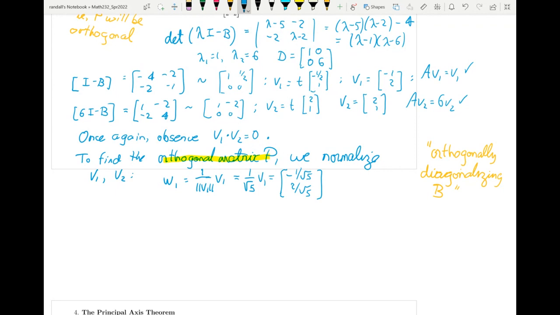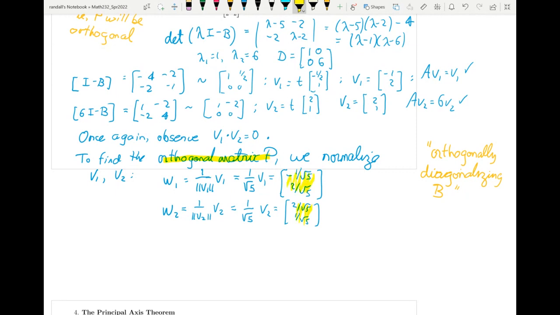My W1 now is the normalized eigenvector, and W2 will be my normalized eigenvector for the second eigenvector, V2, and V2 also has norm root 5, it just turns out that way. So this normalized eigenvector will be 2 over root 5 and 1 over root 5. These are the eigenvectors you use to form the matrix P.